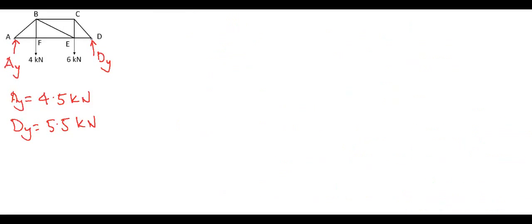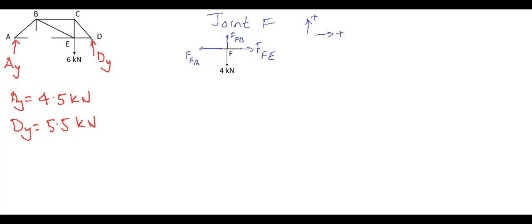Now let's move to the next joint, which is joint F, and make the free body diagram with all the member forces. So remove the joint F and create the free body diagram with FFE, FFA and FFB as the member forces acting at joint F with the applied load 4 kN. Now use the normal sign convention and the equilibrium equations.